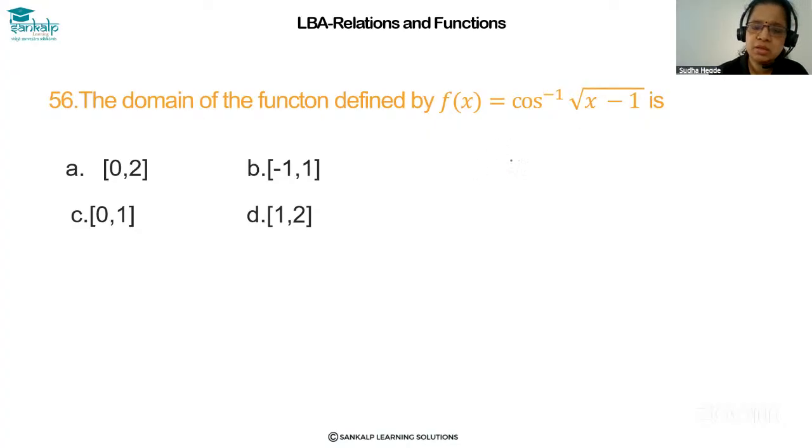Students, always remember that the square root of x minus 1 should be greater than or equal to 0. To have that, x minus 1 should be greater than or equal to 0, isn't it? Inside a square root, you should not get a negative value.